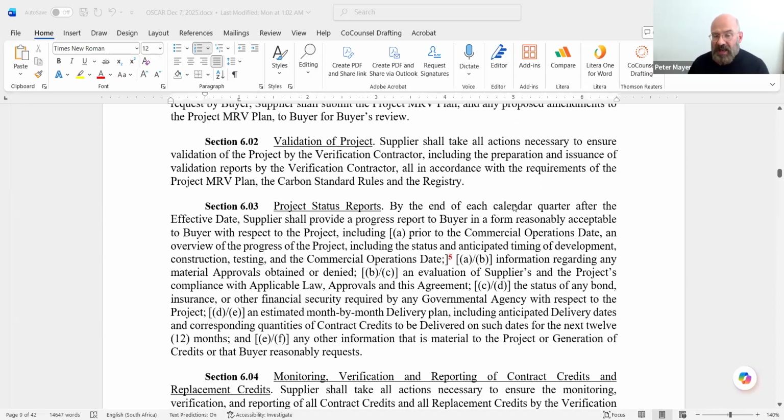Depending on how long this takes, there is a reporting requirement that the agreement provides for, that in certain intervals, here it says every calendar quarter, supplier needs to provide an update to the buyer as to where the project is currently at. You can see some of these things are in square brackets.